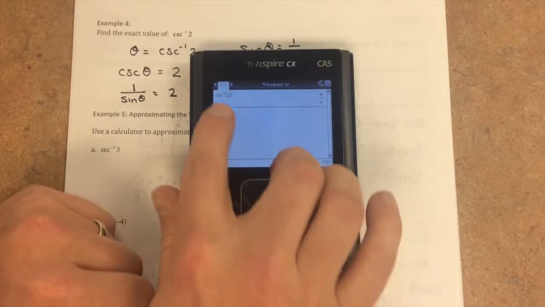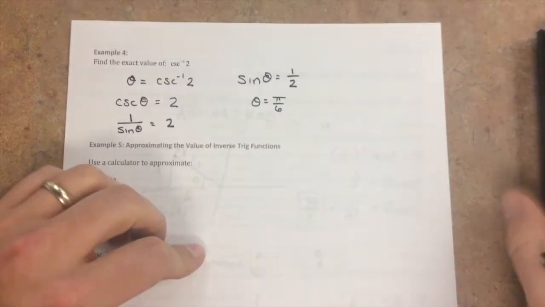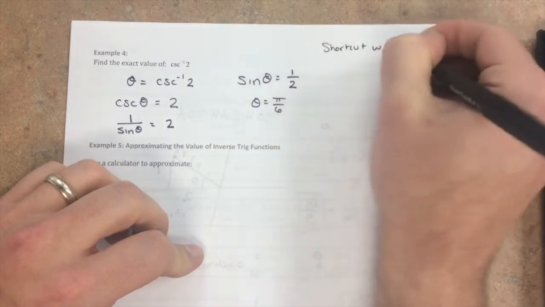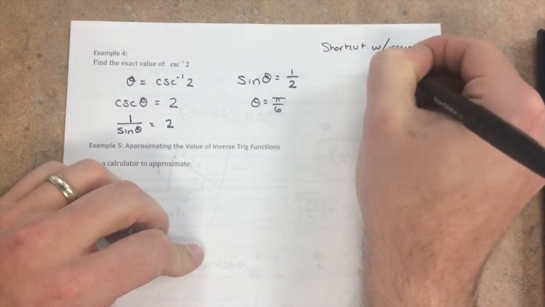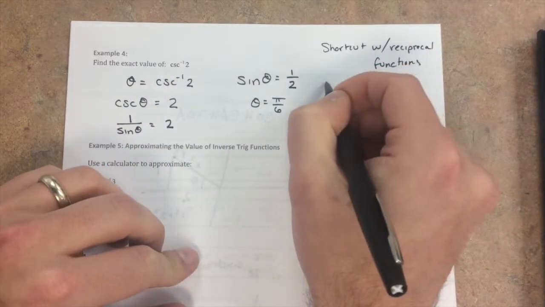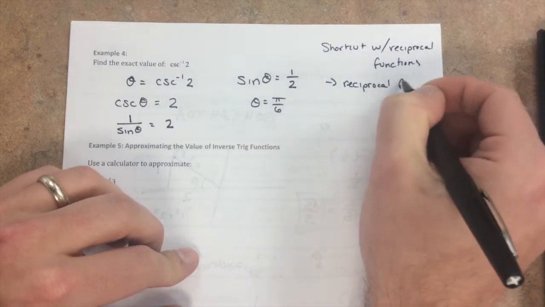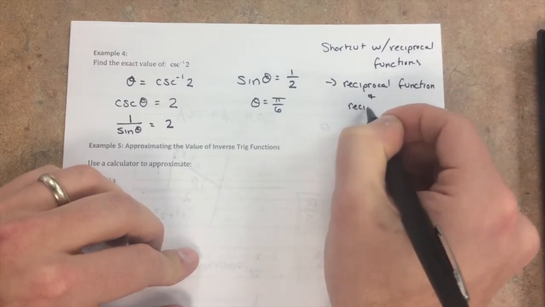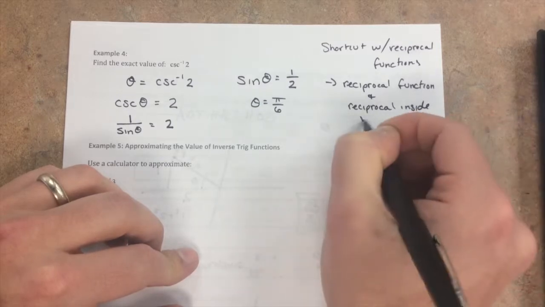So if you want a shortcut with reciprocal functions, take the reciprocal function and reciprocal inside value.